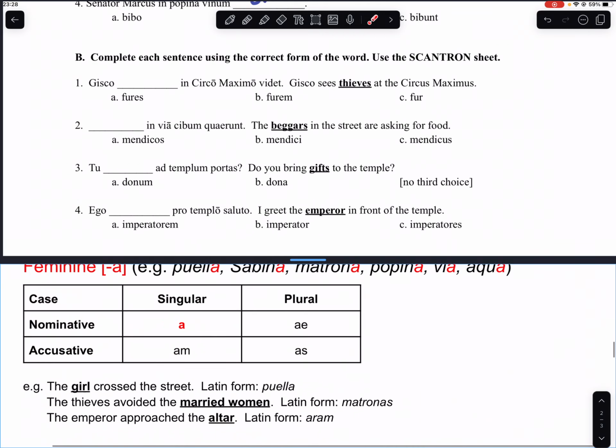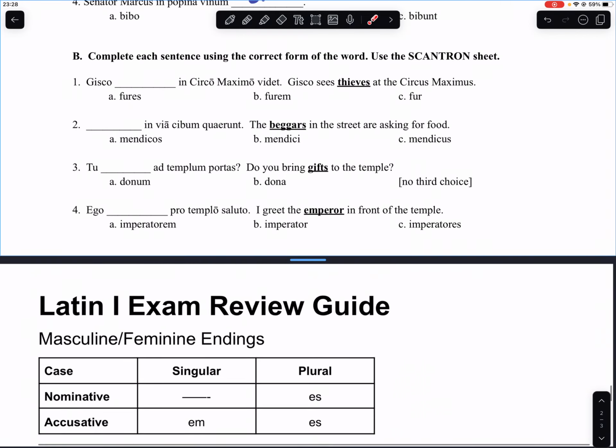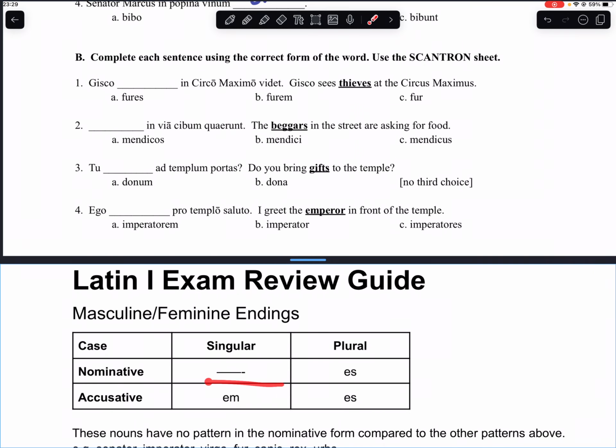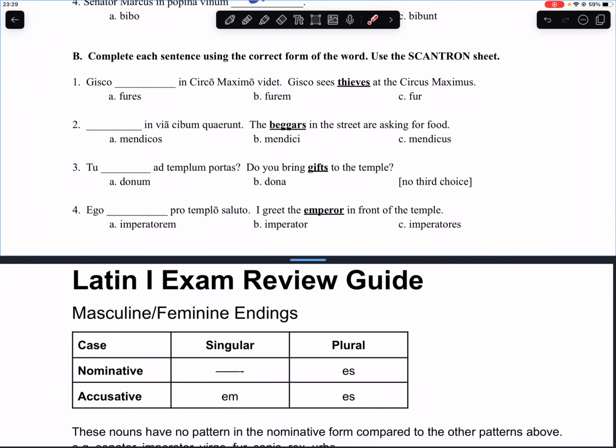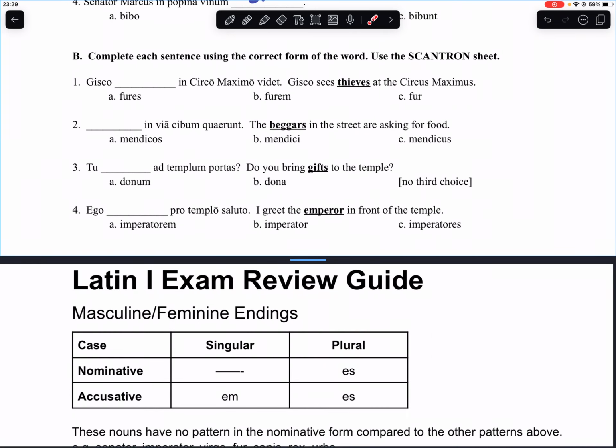So let's take a look for this -es and -em, and I find it in this chart, masculine, feminine endings. And we said it was an object, which means it's accusative. So I'm looking here, and because this says thieves, I'm going to think it's plural. So my ending is going to be -es. So the answer here is letter A, fures.